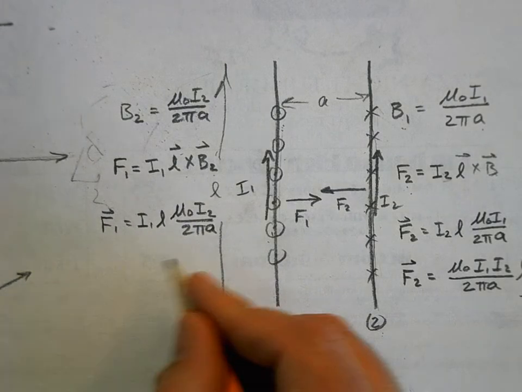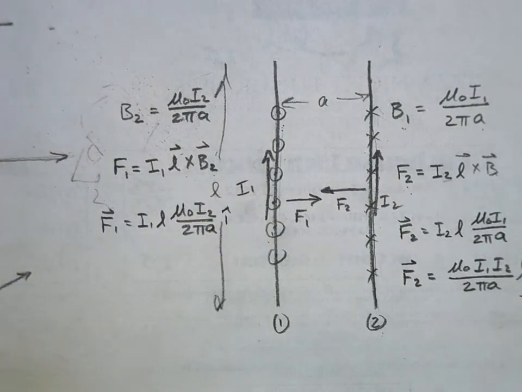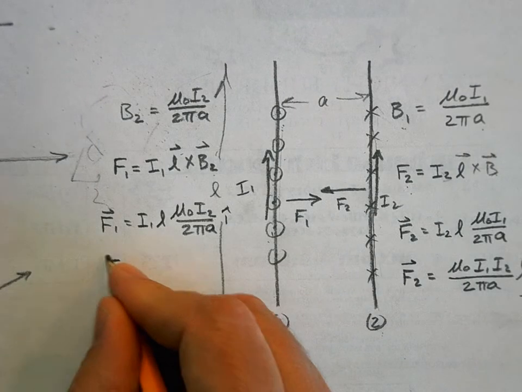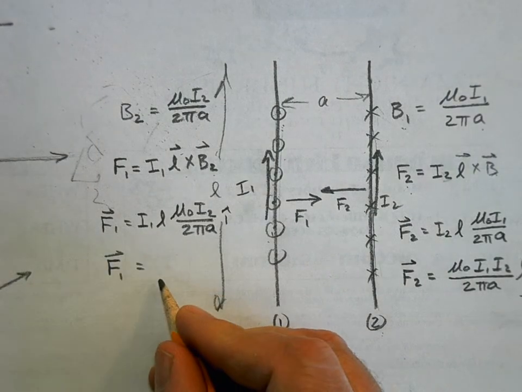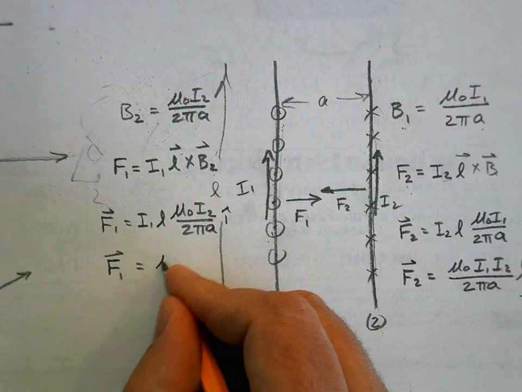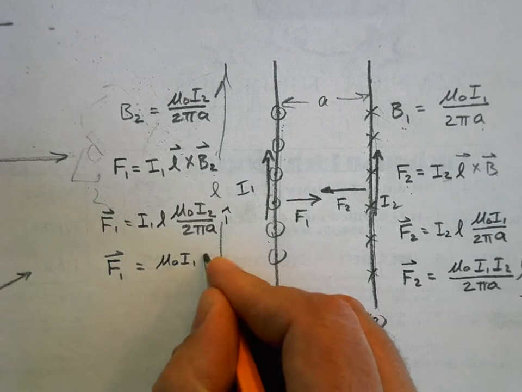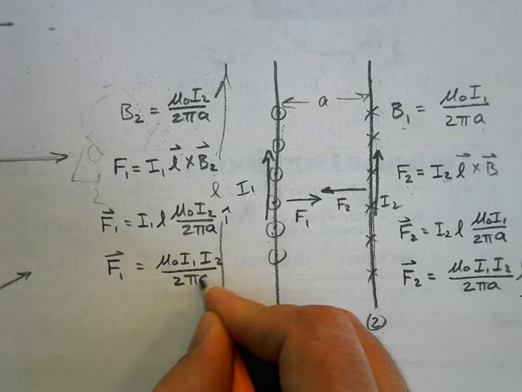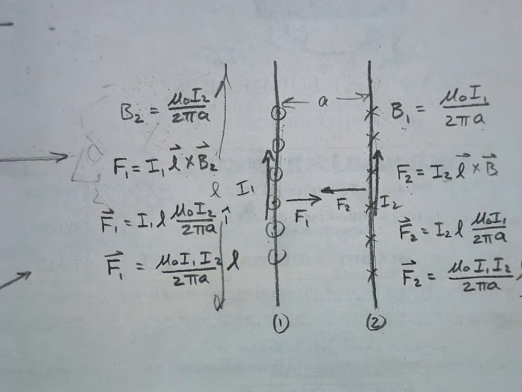In what direction? It's in the i hat direction. So F1 is equal to mu naught I1 I2 over 2 pi A, all times L in the i hat direction.